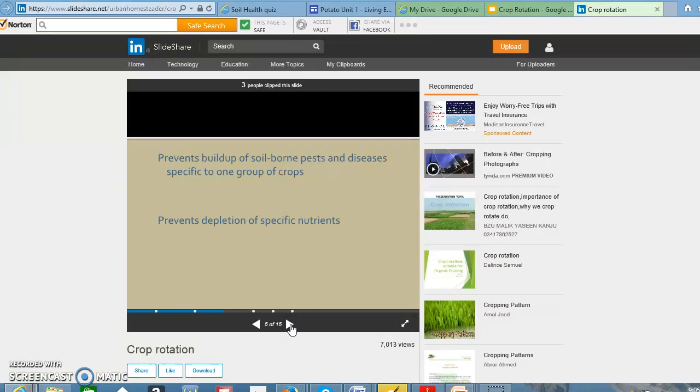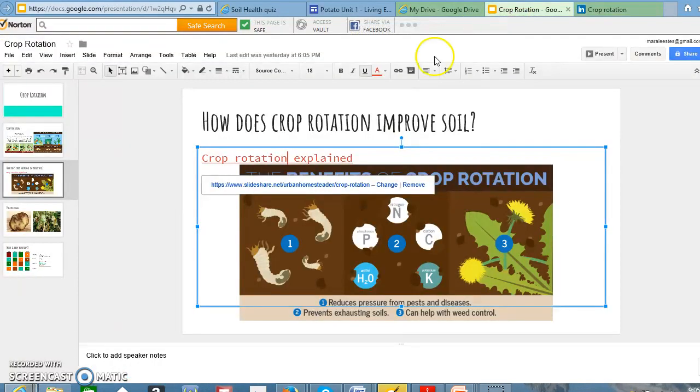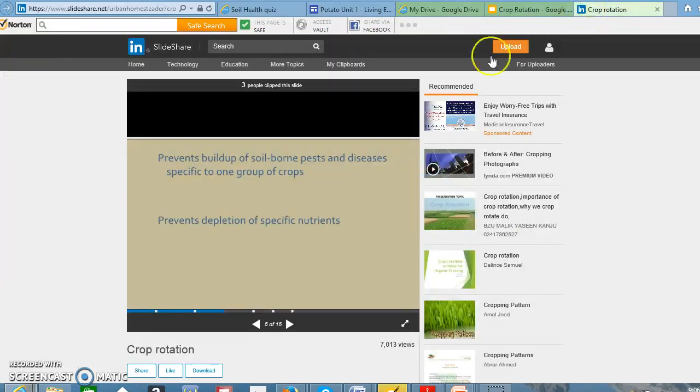So the reason this is helpful is because it prevents soil-borne pests and diseases specific to one group of crops. Like we were saying before, pests will stay in soil for a while if they can continue to feed off of a vegetable that they like. But if you do not plant that same vegetable and you plant a vegetable that they don't like, they're less likely to continue living in the soil.